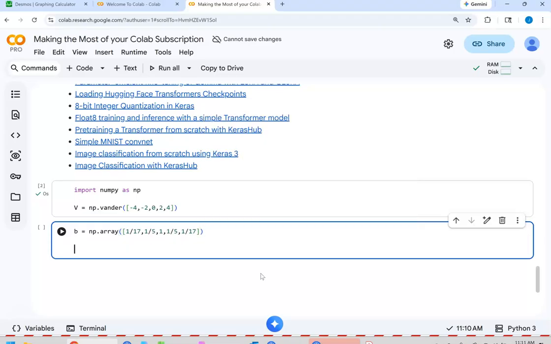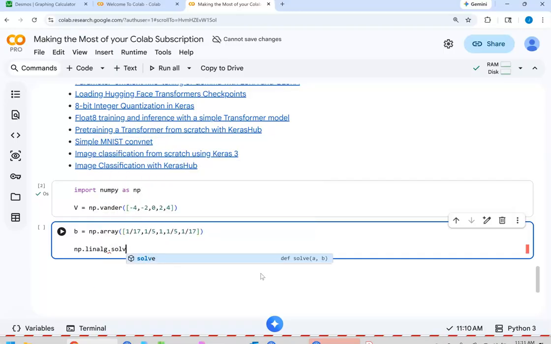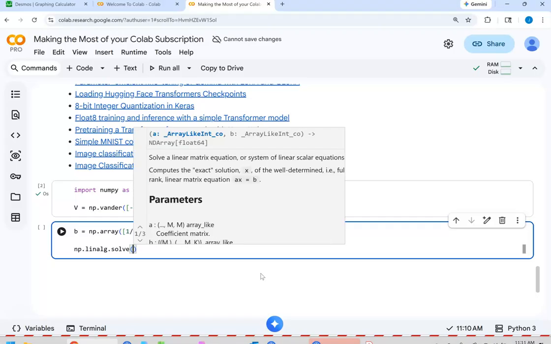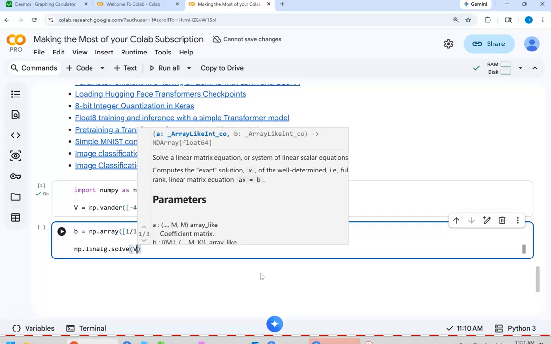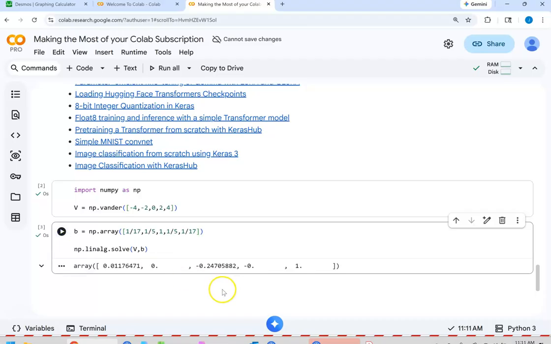And then we should be able to solve this. I didn't actually import the linalg package, so I'll need to type np.linalg.solve, and I want to solve V, b for my Vandermonde matrix. There we go.